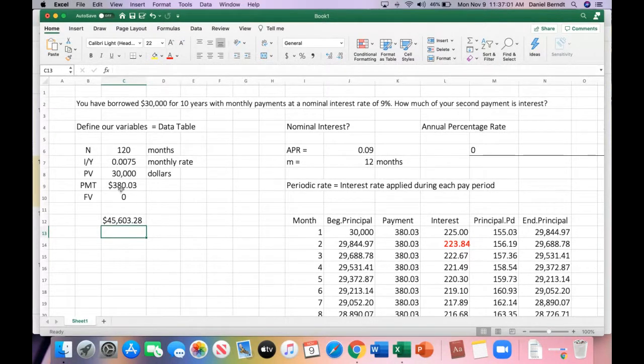To know how much of that is interest, take that amount and subtract the 30,000, and you should get the same answer. So that's two different methods to find the same answer.